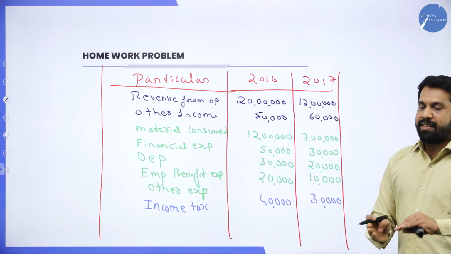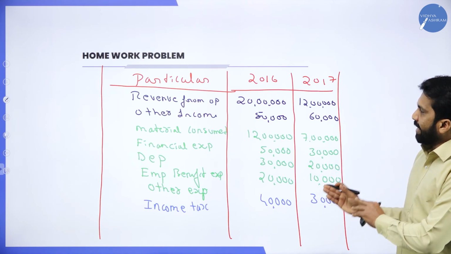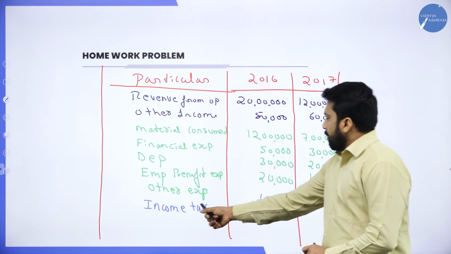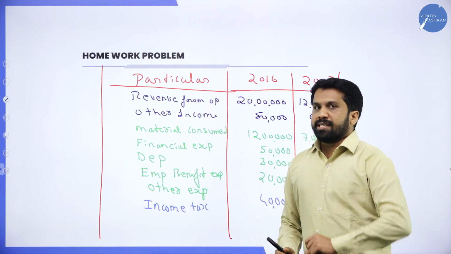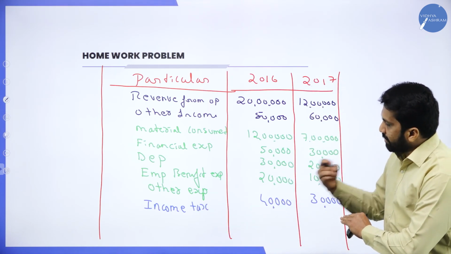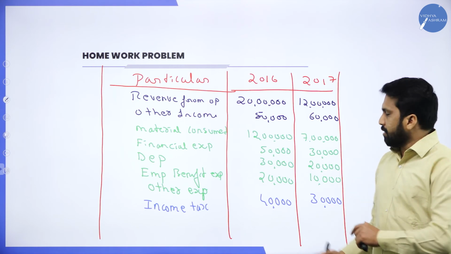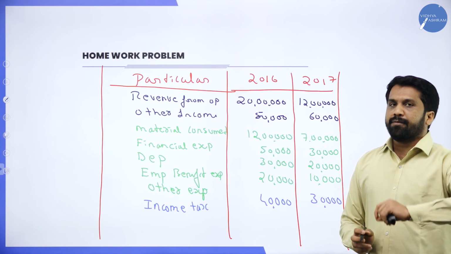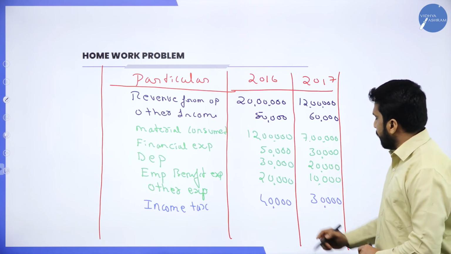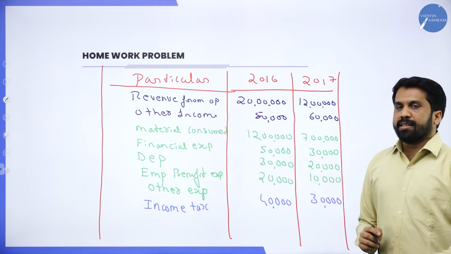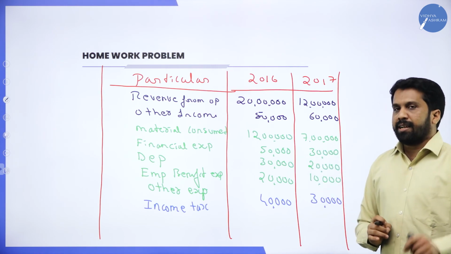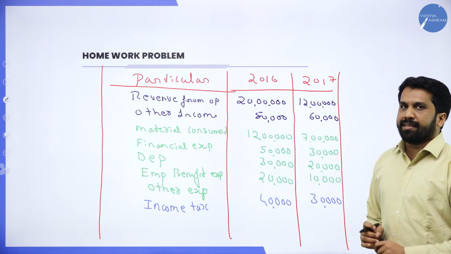Simple. What we did in today's session, exactly a similar problem I have given, but there the income tax was in percentage, but now it is simple. Why? Because the income tax is already calculated and the final amount is given. This is 40,000 and this one is 30,000. This will be your homework. Solve this and send me your answers.